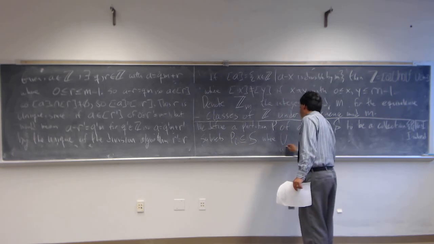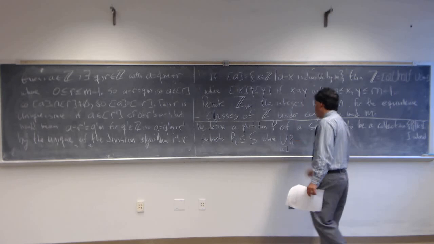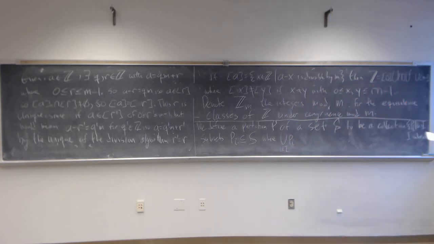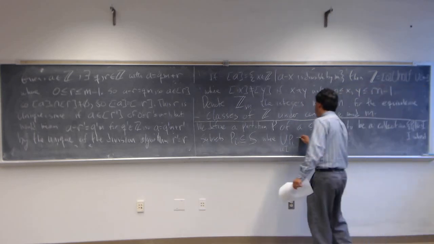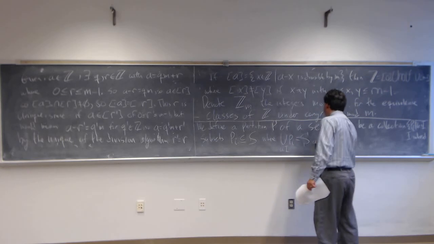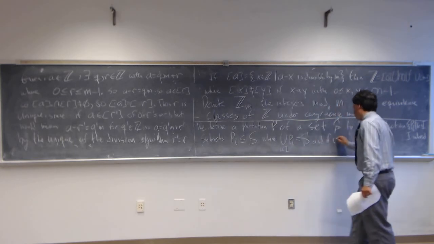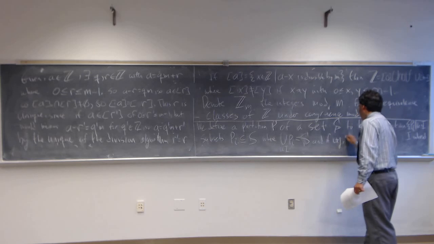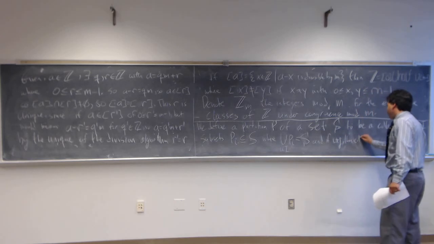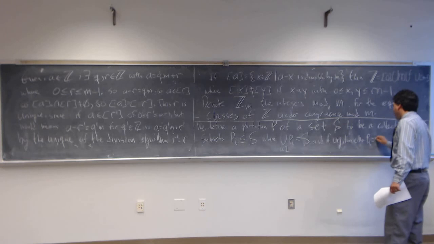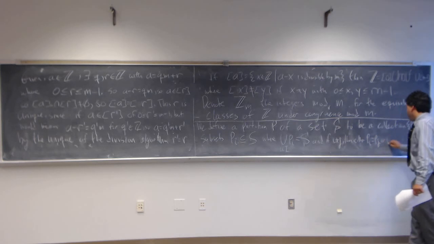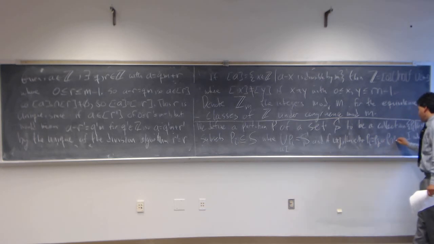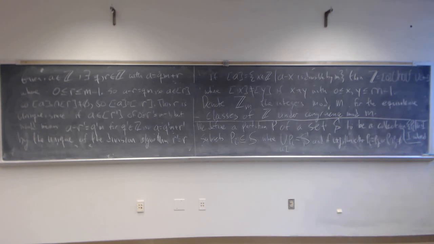If we union over all of the index set, so we take all these subsets and union them together, that gives us the whole set. And if i is not equal to j, then either P i equals P j or P i intersect P j is equal to the empty set.